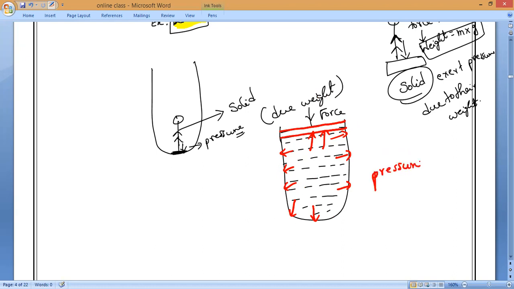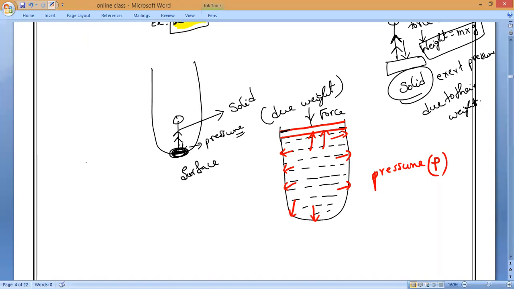Have you all understood what I am saying? Pressure P is exerted in all directions by a fluid, on all the walls of the container where we are storing the fluid. But solids will exert pressure only on the surface.